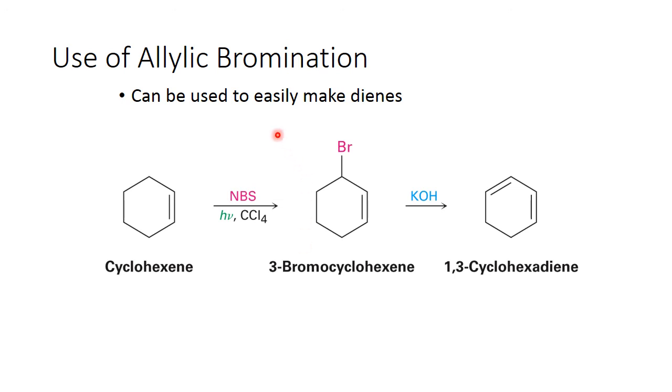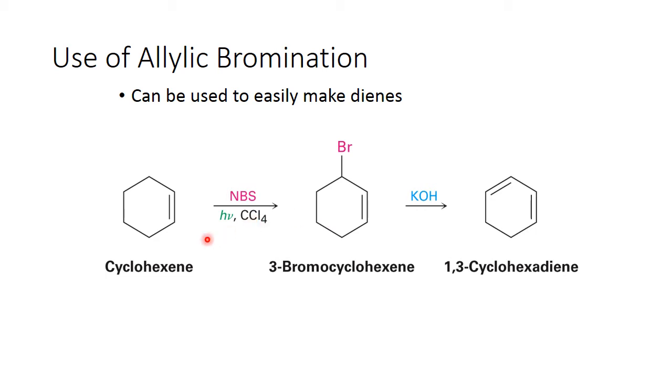So we can use this to make dienes. We have already learned that when we have an alkyl halide and we treat it with potassium hydroxide, an E2 reaction occurs and we get the alkene. It's the more substituted alkene.